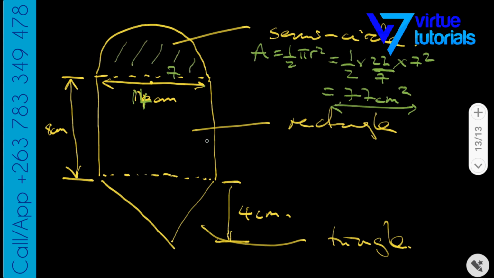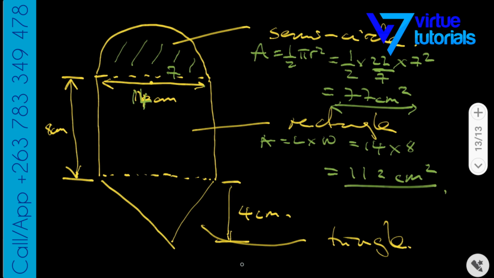If we look at the rectangle, the area of a rectangle is length times width, right? The length of this thing is 14 and the width is 8. So it would be 14 times 8, which is going to give us what? 112. I hope I'm correct. 112. And now for the triangle, just push this up a little bit.